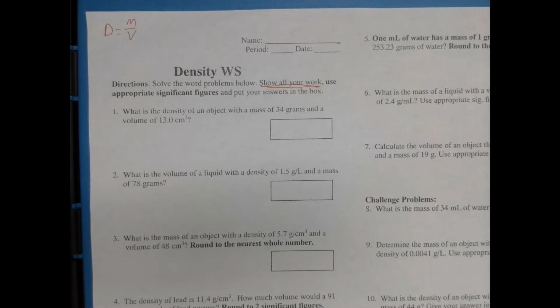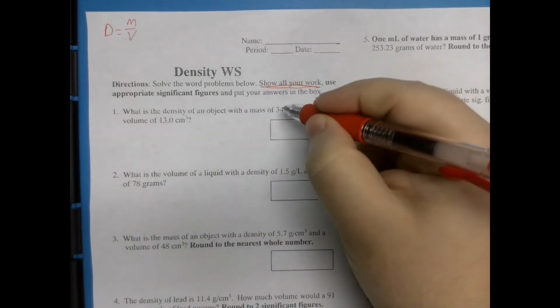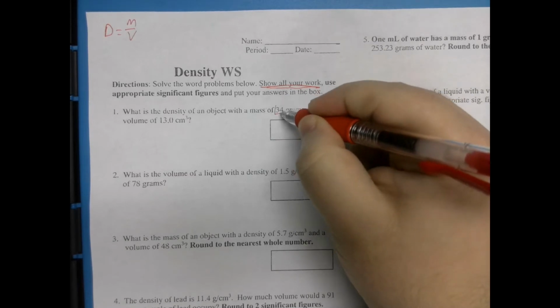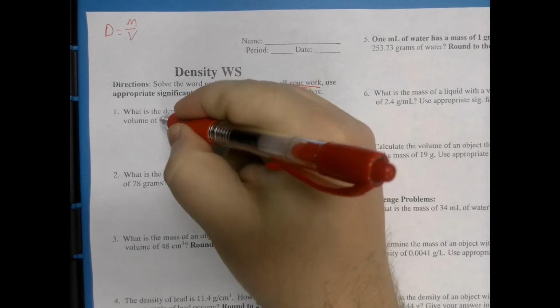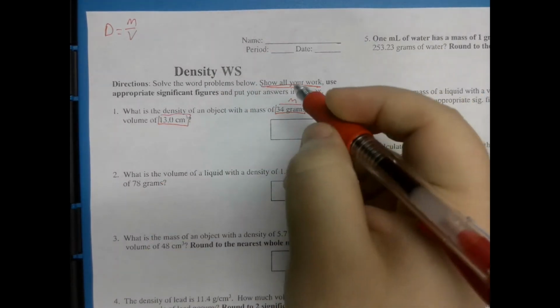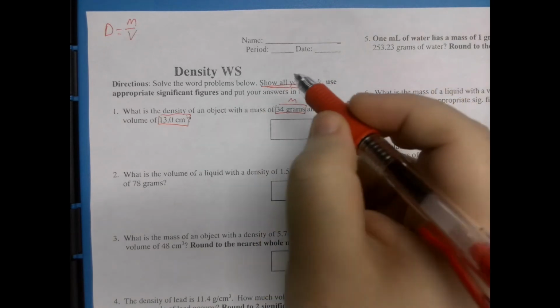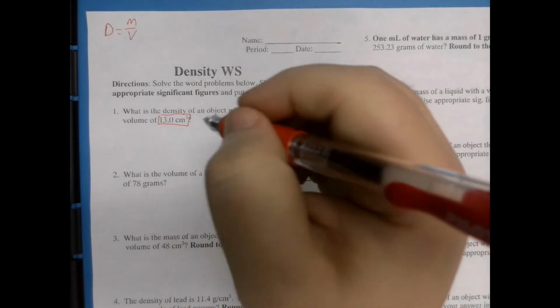And you have to show all work. So, what is the density of an object with a mass of 34 grams and a volume of 13 cubic centimeters? Another thing the directions say is unless otherwise stated, use appropriate significant figures.